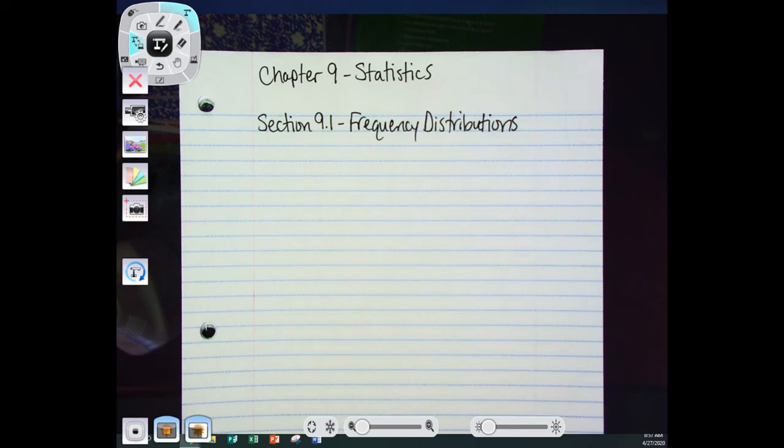That's very, very difficult to do. So instead we can collect the information from a limited sample of the population and draw inferences based on that sample.